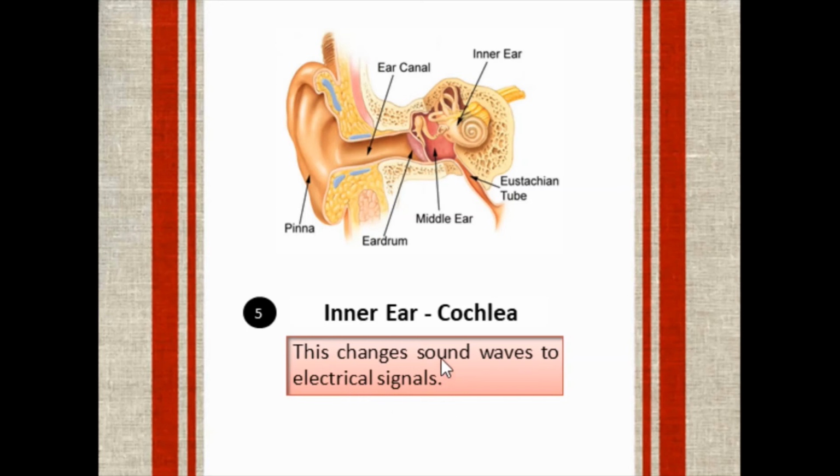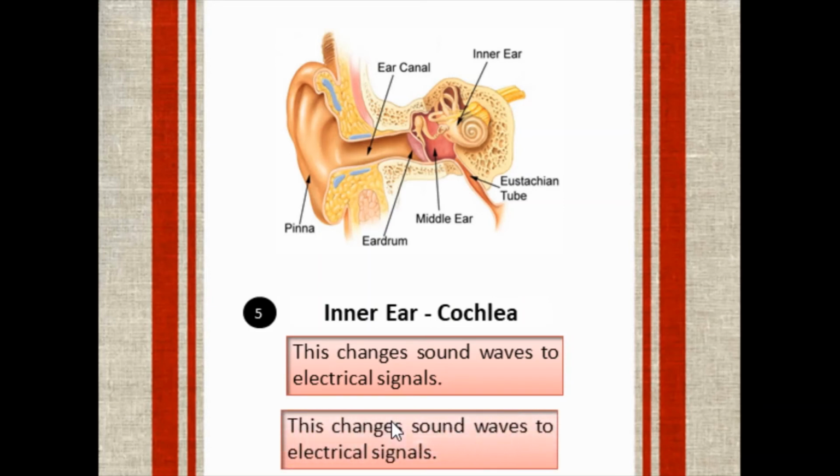Again, sound waves change to electrical signals or nerve impulses and are ready for interpretation as they reach the auditory nerve. Okay? This changes sound waves to electrical signals.